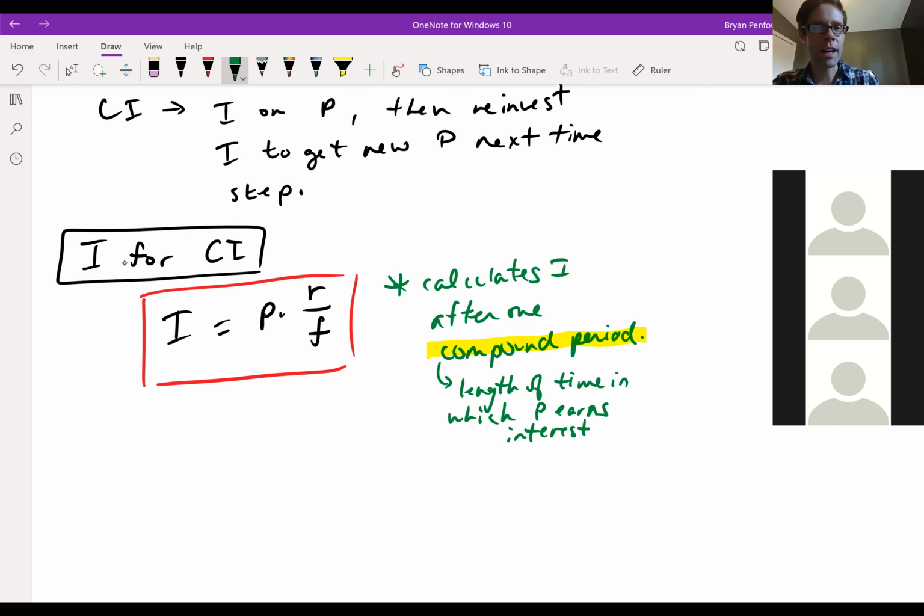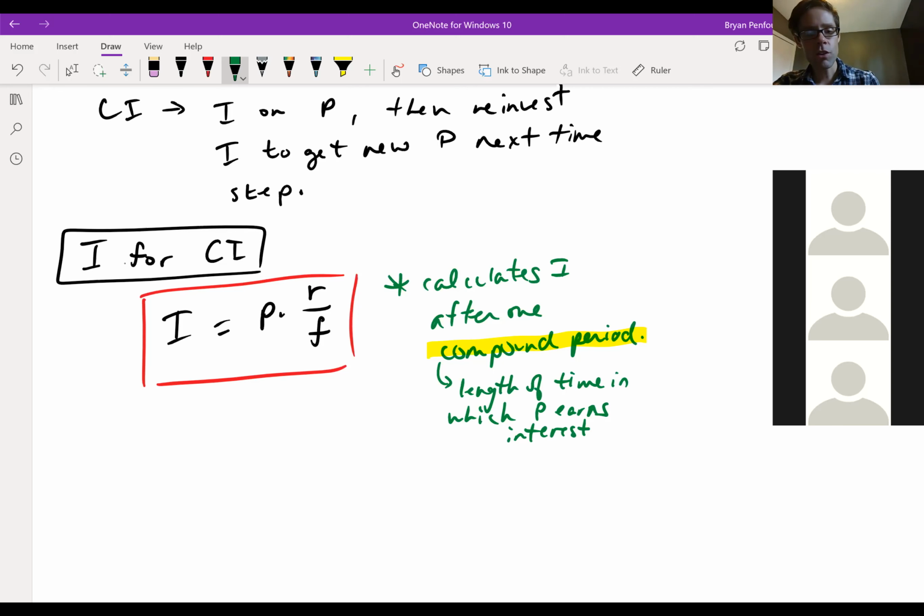So this is what we mean by a compound period. And you may have heard some terminology that goes along with this, like monthly or quarterly or biweekly or annually. There are lots of different phrases that go along with this concept of compound period.